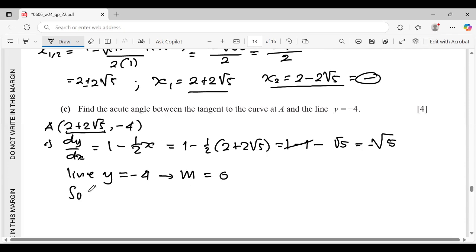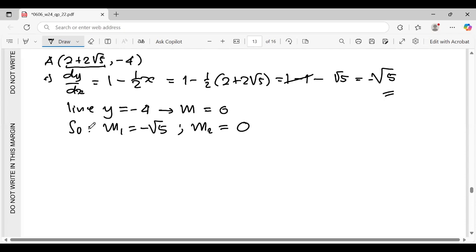So it means we can state that m1 equals minus square root 5, because this is the gradient of the curve, and m2, the gradient of the straight line, equals 0.